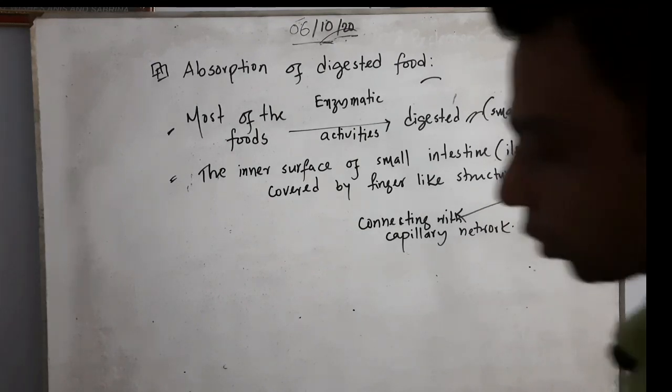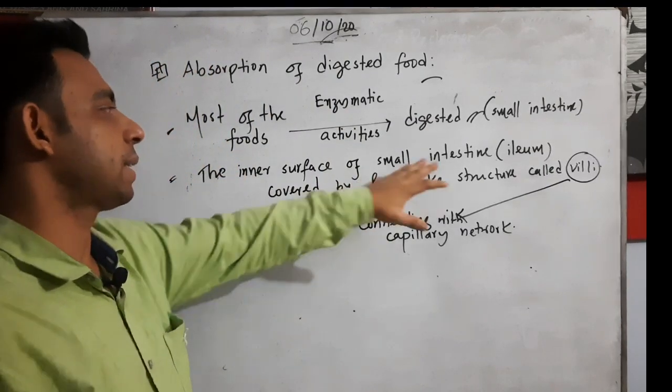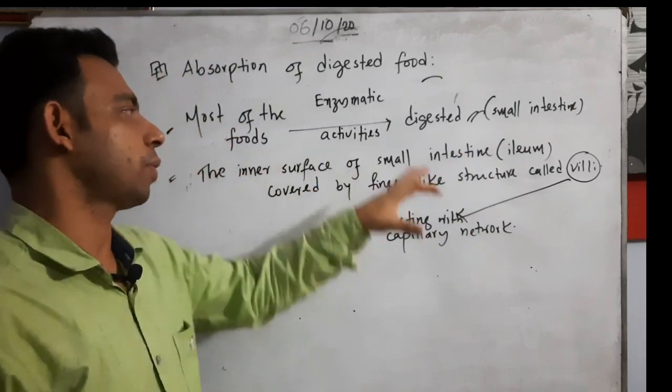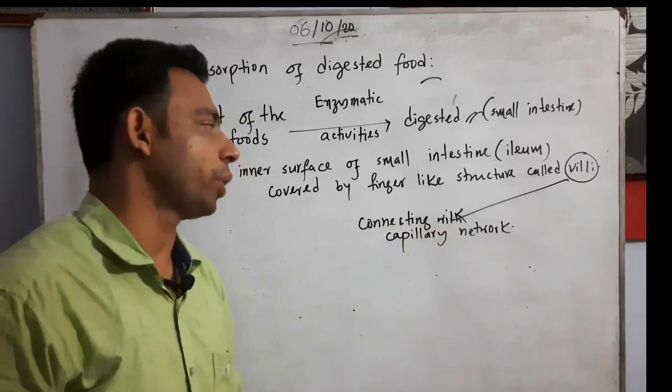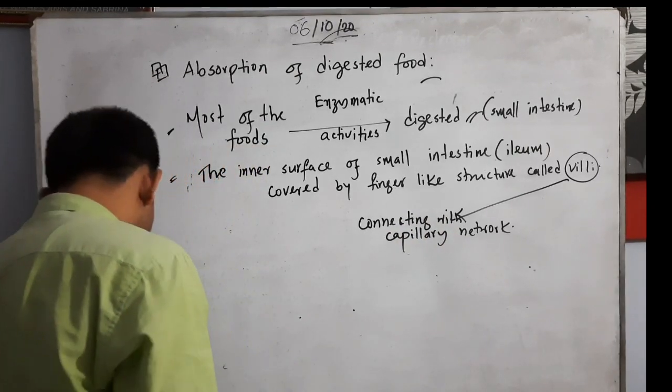The villi cover the inner surface of the small intestine, and they connect with the capillary network. This is also a very important part.